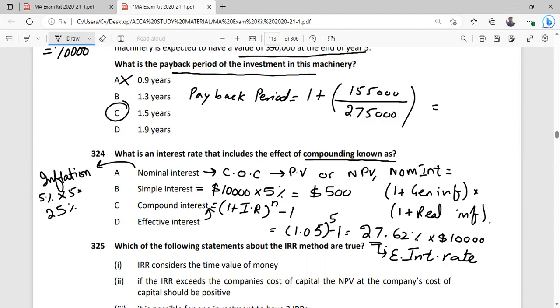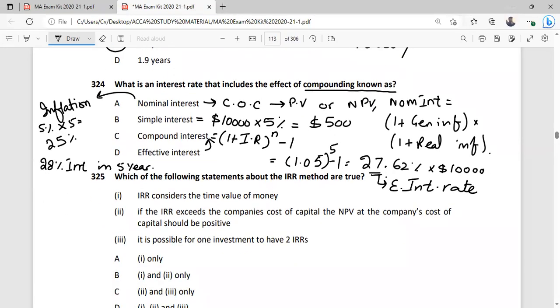But alternatively, suppose you are provided with data that you earn 28% interest in 5 years, and now the data says to calculate per year interest. What will you do? You will use the same formula with a slight change. 1.28, which means 1 plus rate of interest, raised to power 1 divided by n.